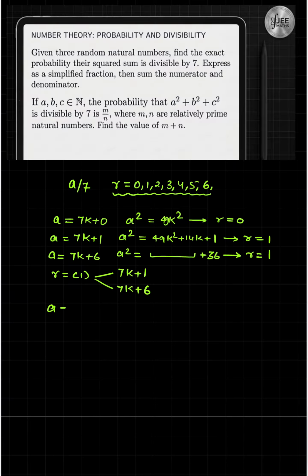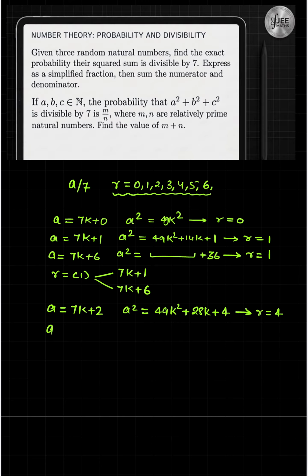Now, if we choose a to be of type 7k plus 2, after squaring, we are going to get again 49k square plus 28k plus 4. So the remainder here is 4 when we divide a square by 7. Correct.